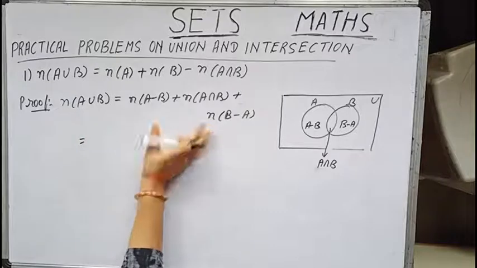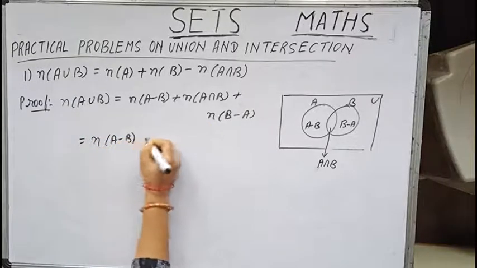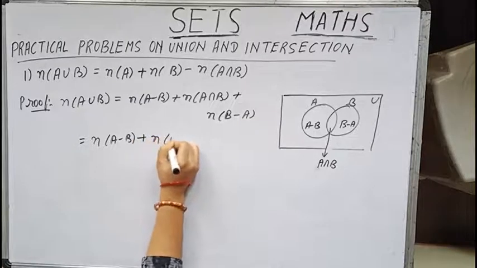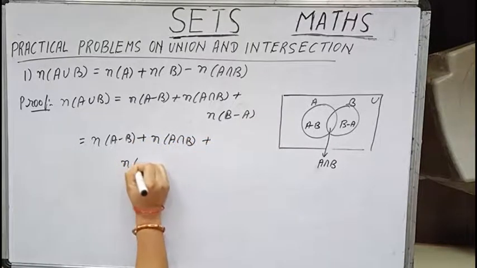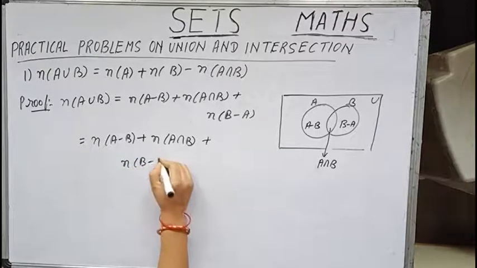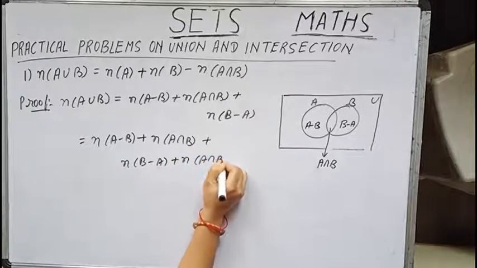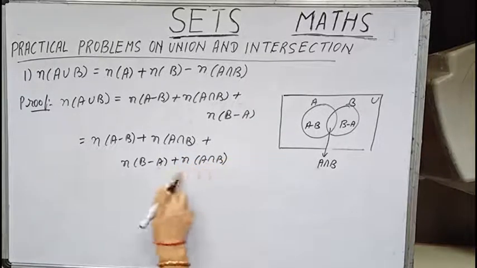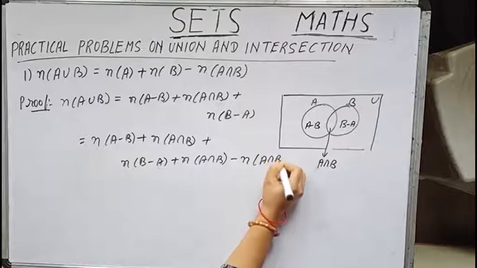Now children, this I can write as n of A minus B plus n of A intersection B plus n of B minus A plus n of A intersection B, and over here I am adding it, so I will write subtraction also, n of A intersection B.